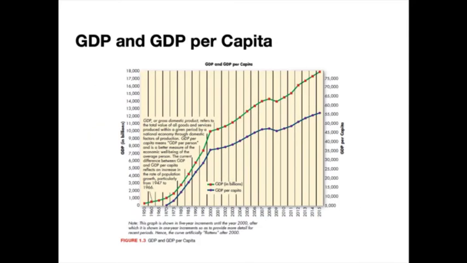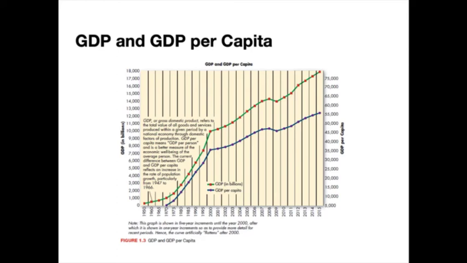Now, the reason why we talk about both GDP and GDP per capita is that GDP refers, of course, to the total value of all goods and services during that calendar year in the US, whereas GDP per capita means per person. It is simply taking that number and dividing it by the number of people in the United States in this particular calendar year, and then you find out what is the amount of production per person.